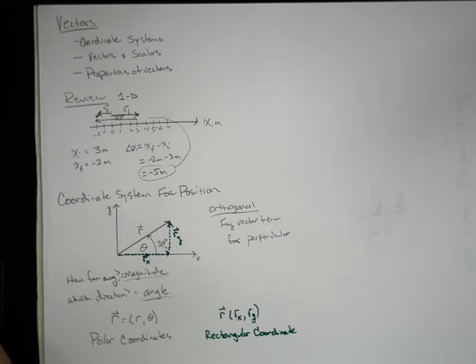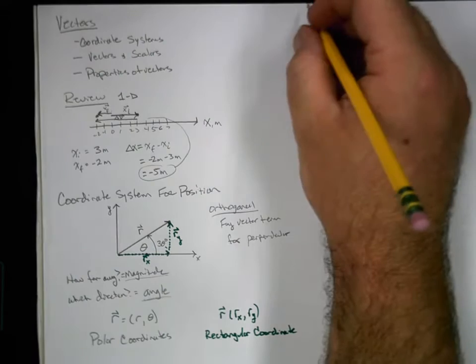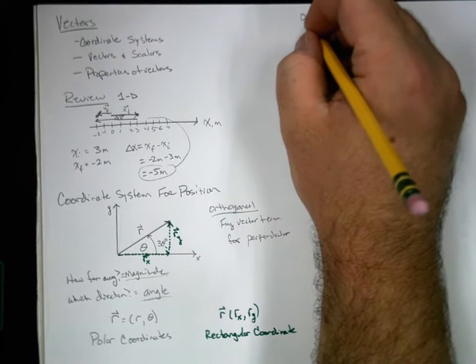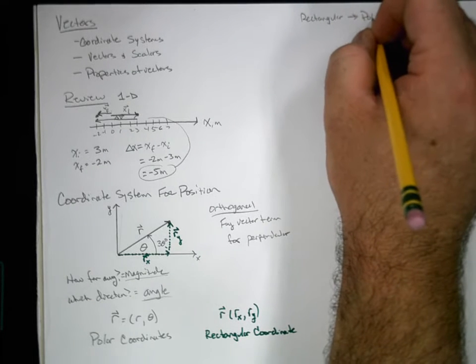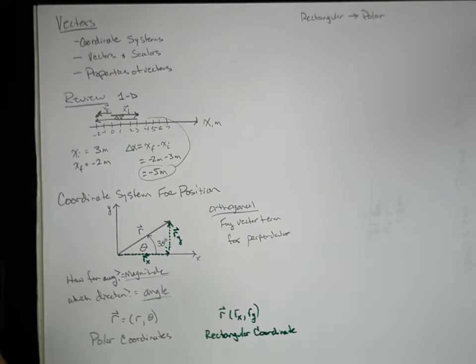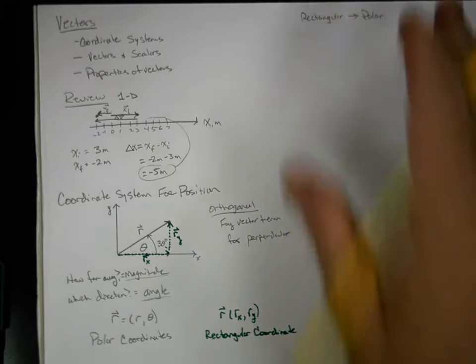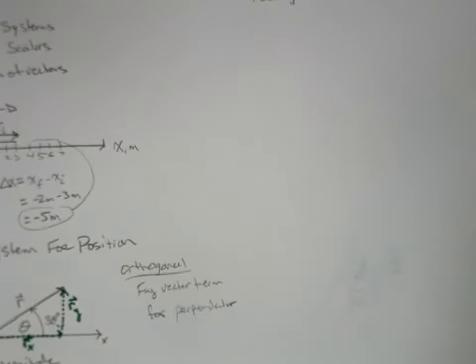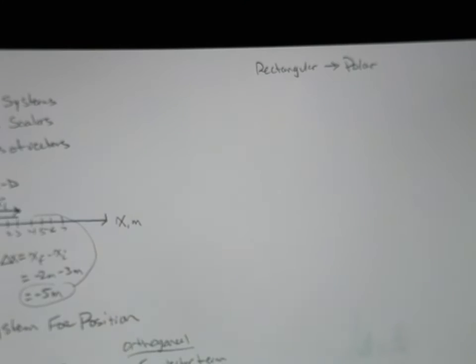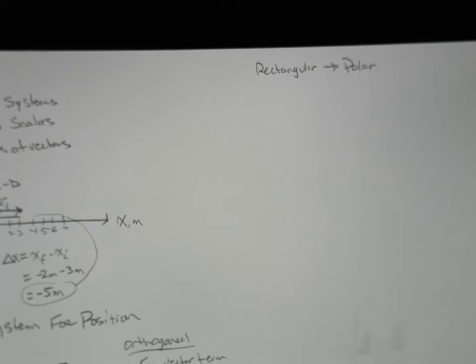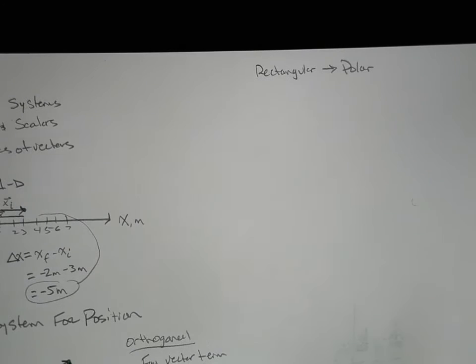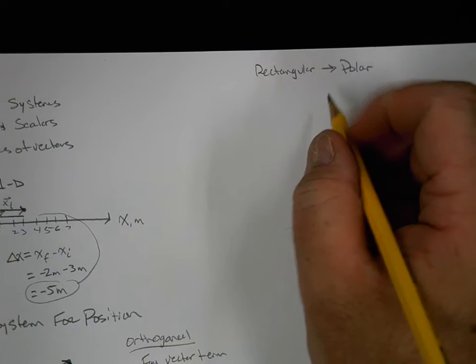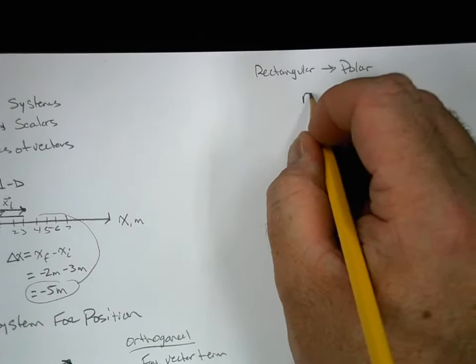Here's how we do it. We start with rectangular coordinates going to polar. Well, we can determine what r is, because r is just the distance here.